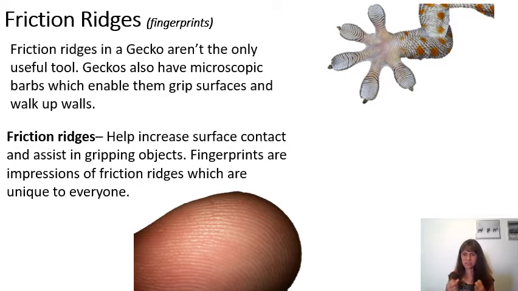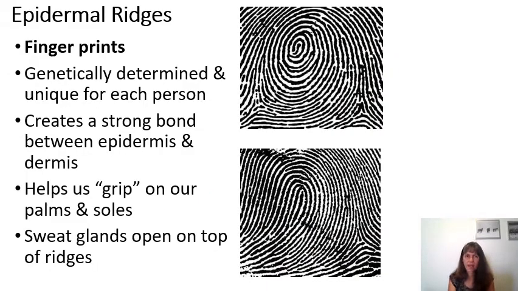Fingerprints are unique to everyone. Even identical twins who have very similar DNA do not have exact DNA. And the fingerprints of twins will vary slightly because their DNA varies slightly. As we mentioned before, the epidermal ridges that are created by the dermal papillae just deep to the epidermis are going to be important in creating a nice bond between the epidermis and the dermis.